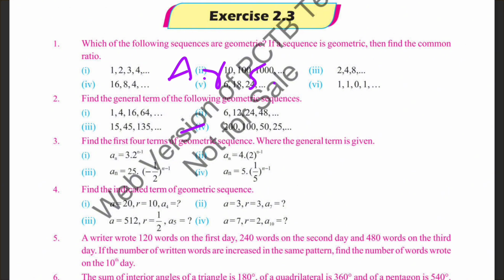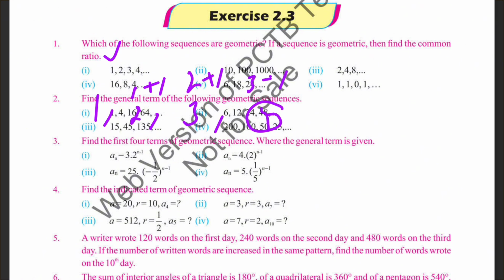It means here is 1, and 1 plus 1 is 2, and 2 plus 1 is 3, and 3 plus 1 is 4. These values are found in an arithmetic progression sequence.